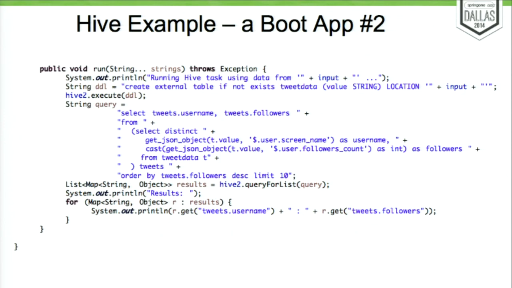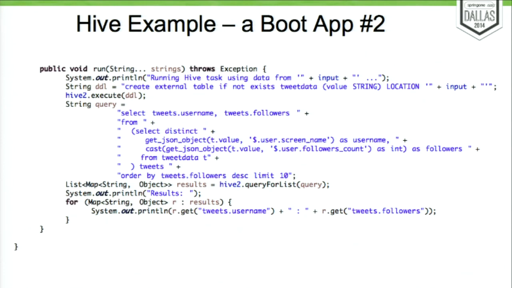So here I'm just printing out the input I'm running with. Then I have my DDL to create the table if it doesn't exist. And the location is where the data has to be in HDFS already. So I'm just linking Hive, pointing it to where the data is in HDFS.